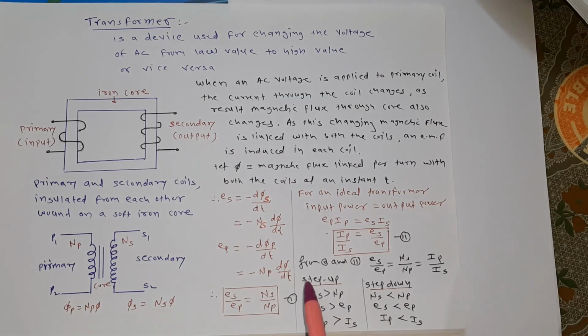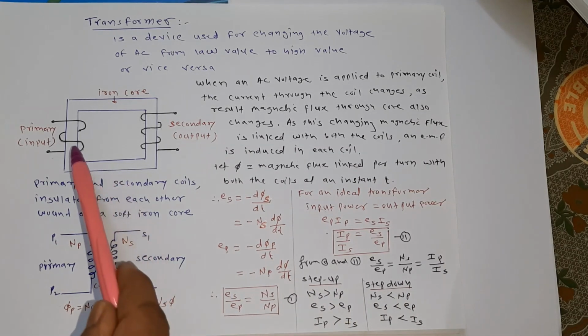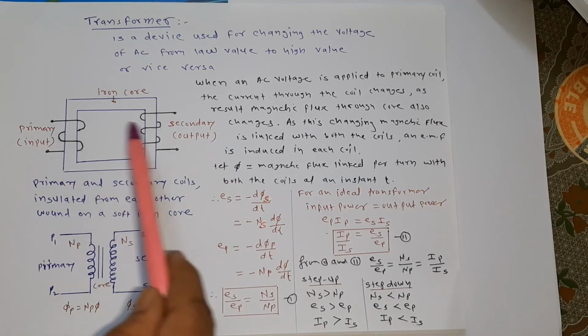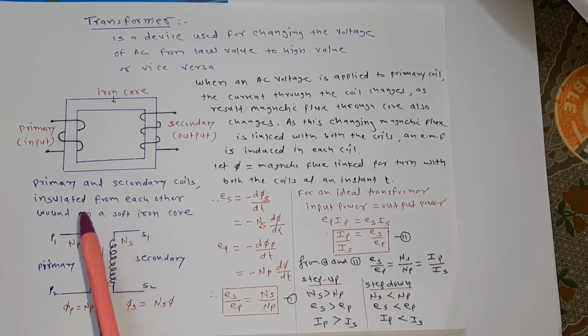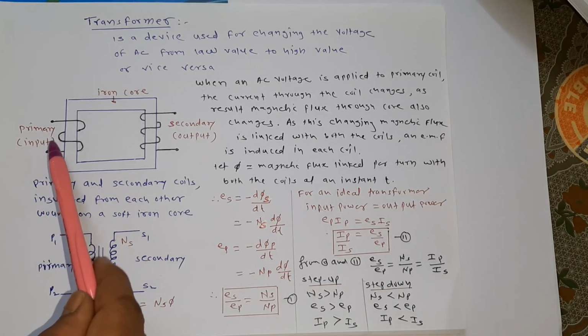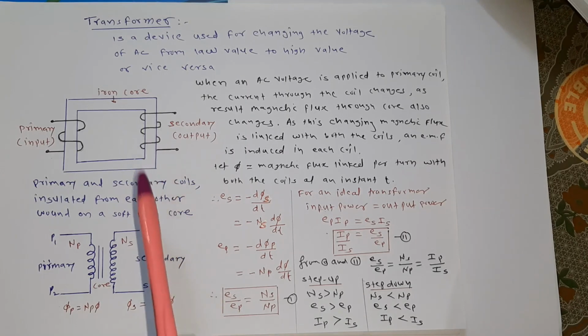There are two types of transformers, step up transformer and step down transformer. Step up means we are converting low AC voltage to high AC voltage. Step down transformer means you are converting high AC voltage to low AC voltage.